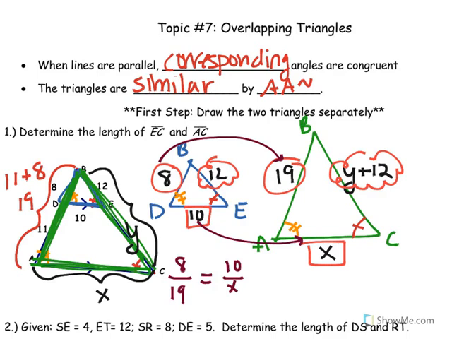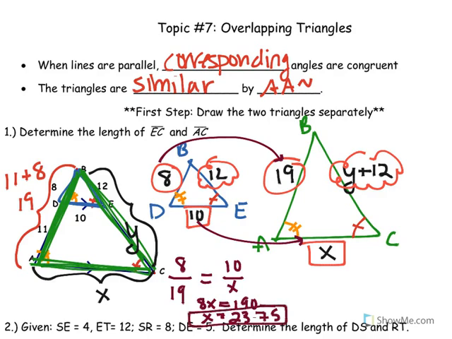We get 8X equals 190, and 190 divided by 8 gets me 23.75. So that is the length of AC, what I had made X. So AC was 23.75.